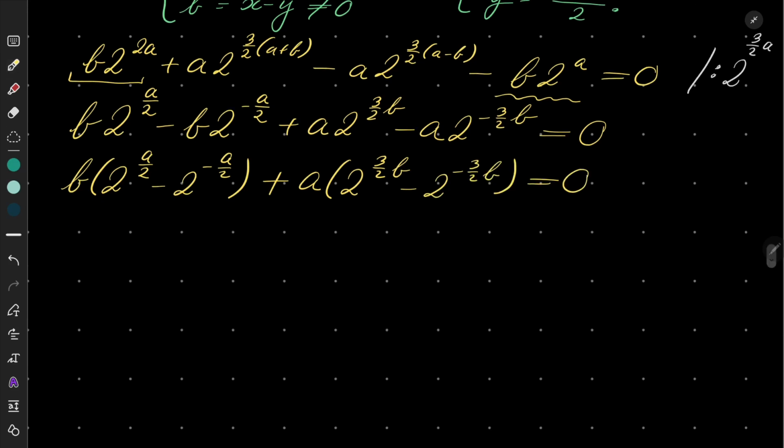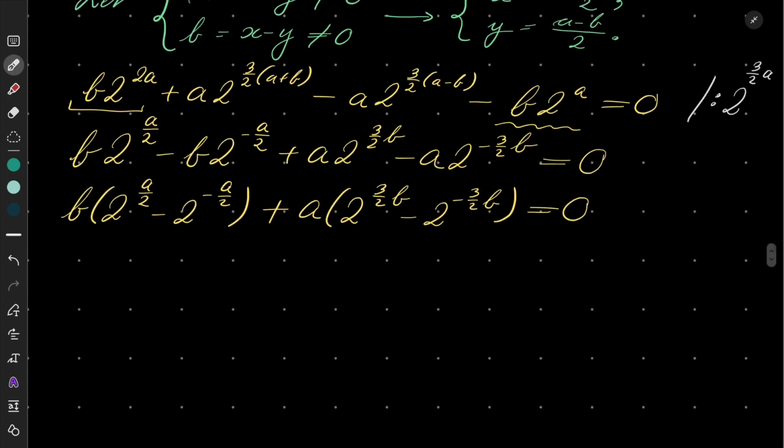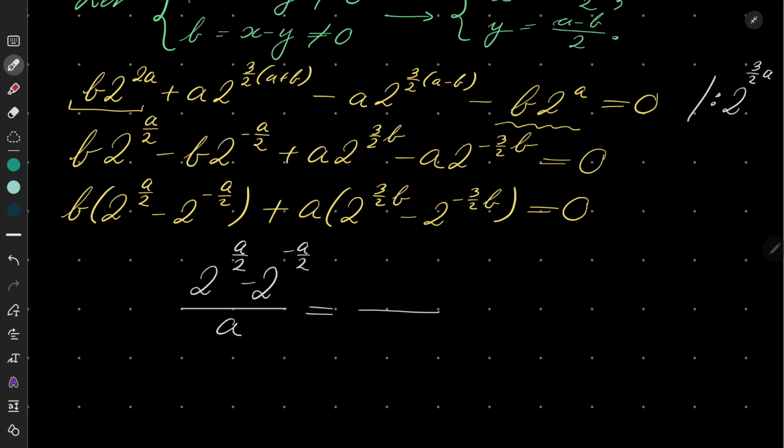Okay, and now we can put one term on the right hand side, and after division, which is legal because we know that a and b are not equal to 0, we will get the following: 2 to the power a over 2 minus 2 to the power minus a over 2, over a, equals minus 2 to the power b over 2 minus 2 to the power minus b over 2, over b.